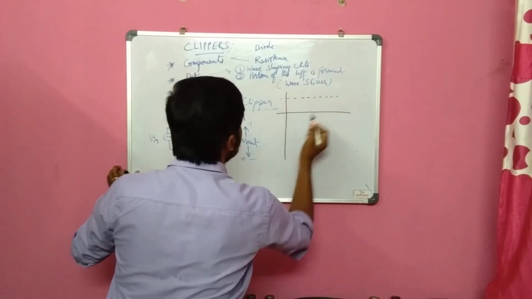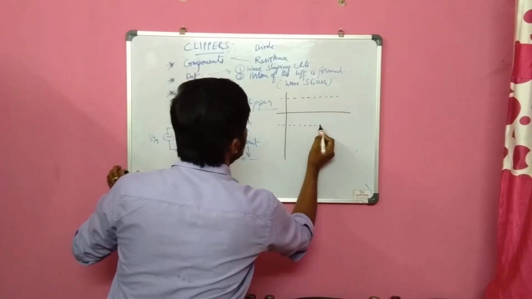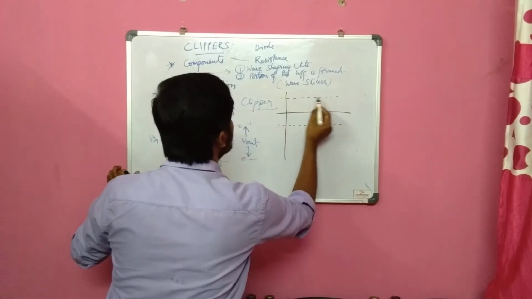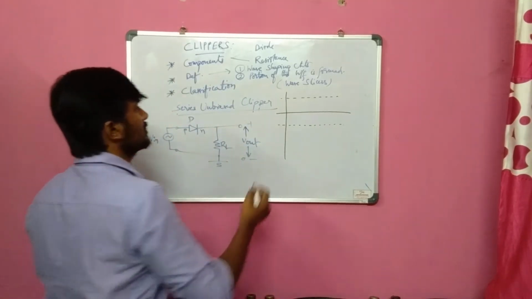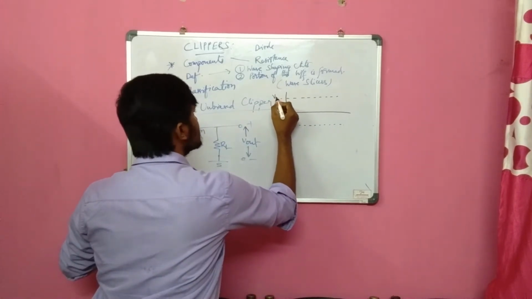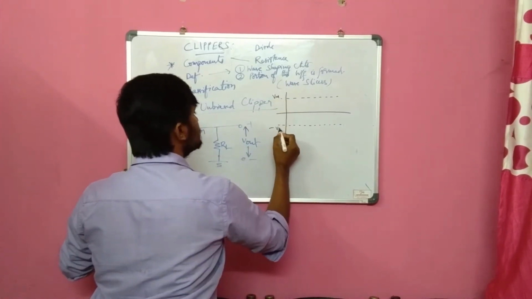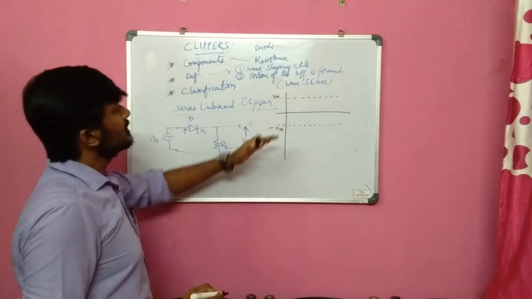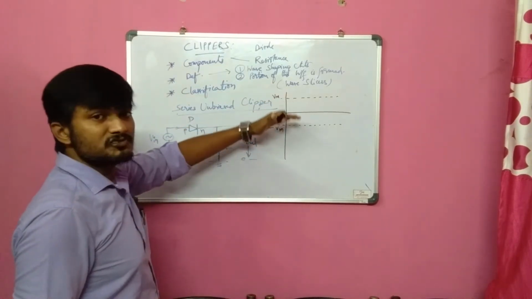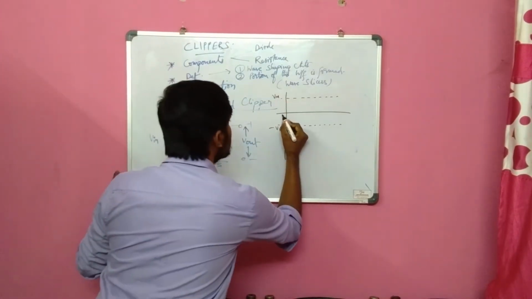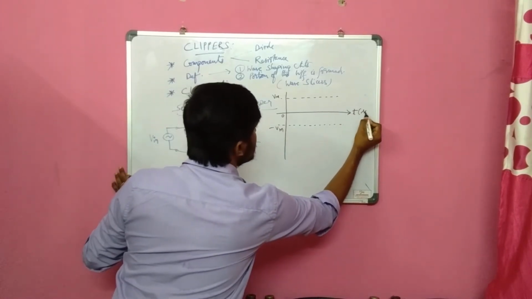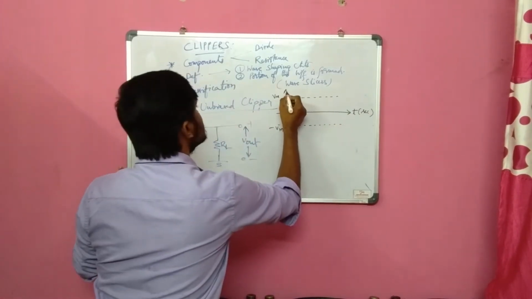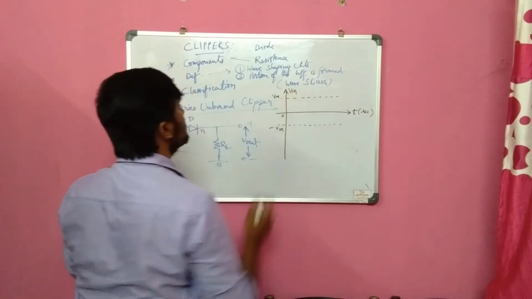Whenever we draw a waveform, first of all we have to draw the maximum line and minimum line. This is V max, or Vm, and minus Vm. The wave must fluctuate between Vm and minus Vm. This is the origin line. Usually the x-axis is time in seconds, and the y-axis is input voltage V in.